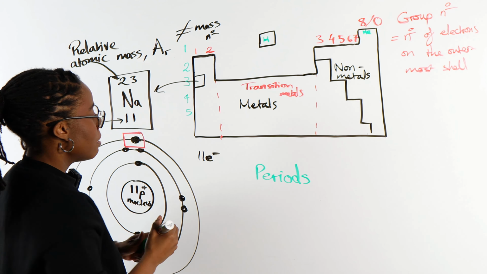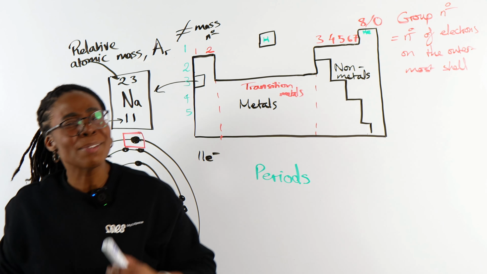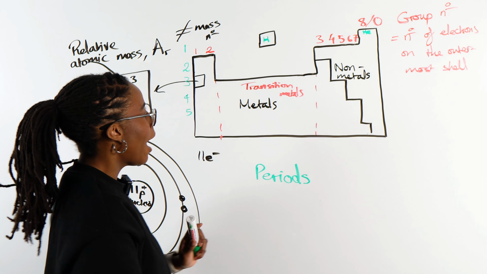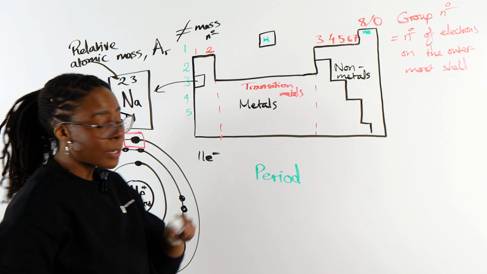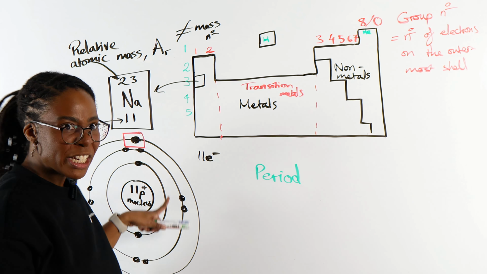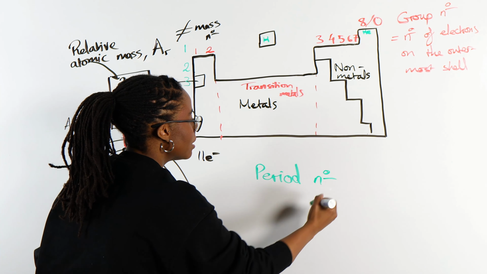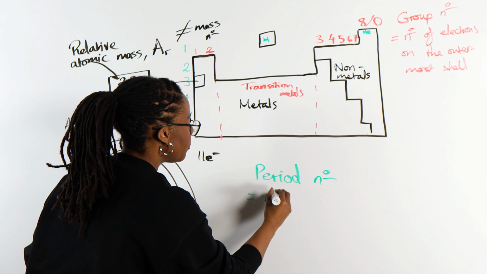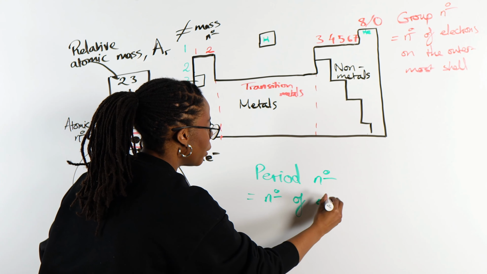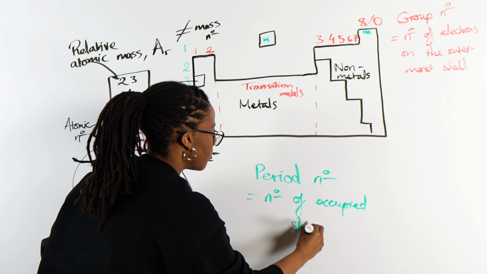Now, once again, the period number can tell us something quite important, less important in my opinion, no offense, than the group number, but still linking back to electron configuration and the arrangement of electrons. The period number tells us the number of occupied shells.